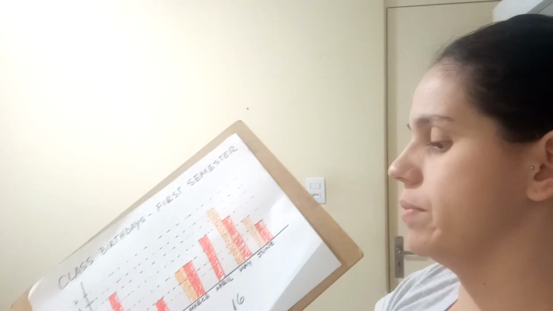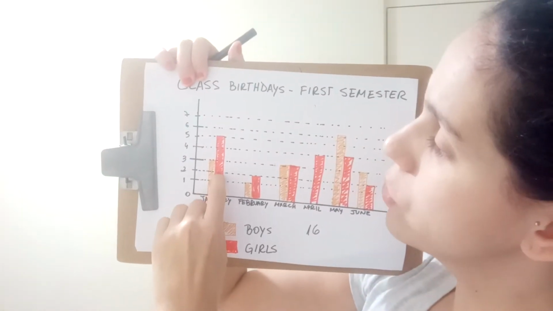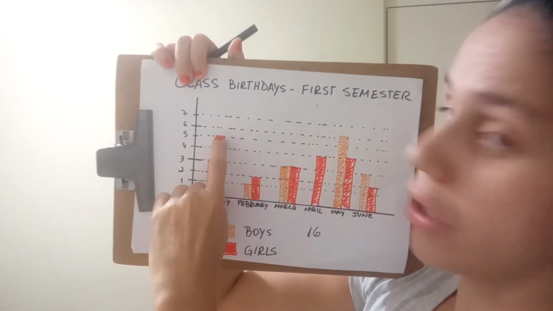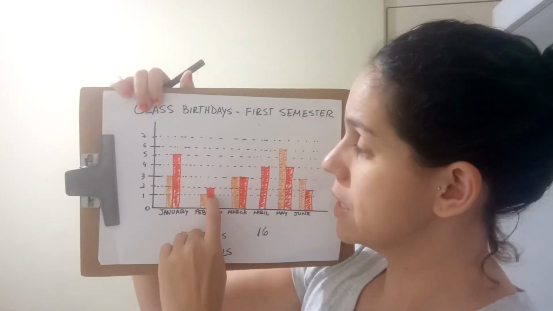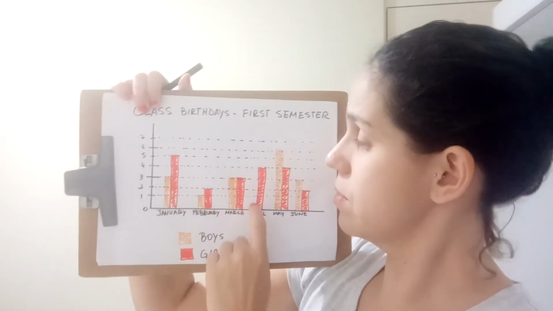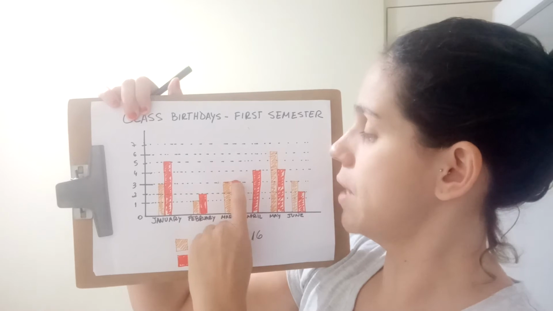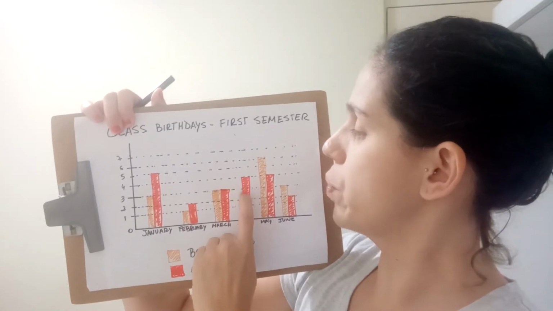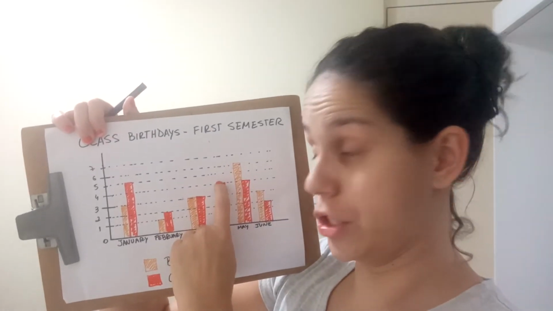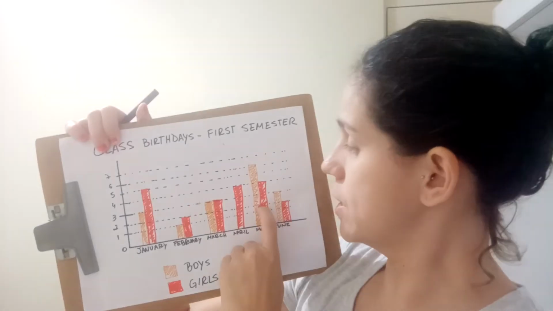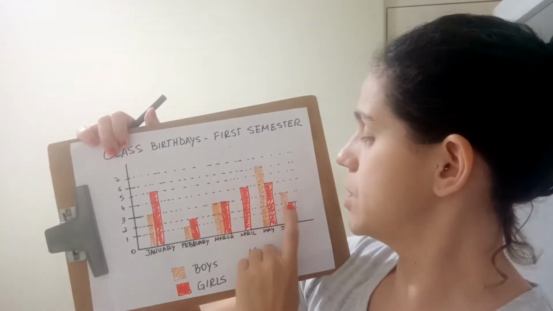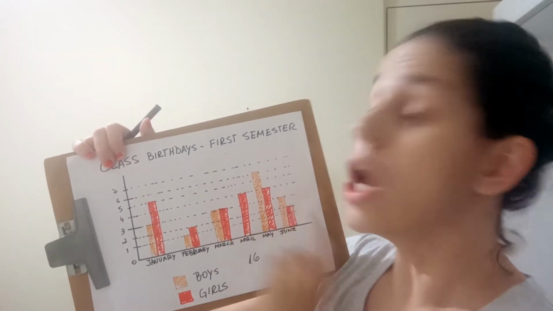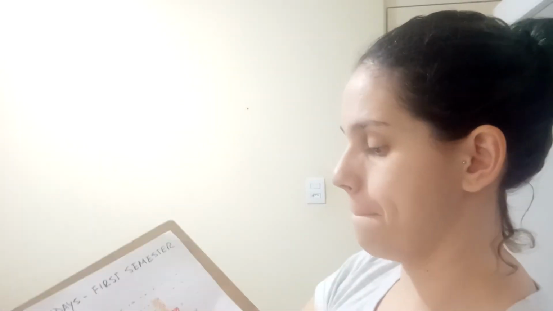16 boys. And girls. 1, 2, 3, 4, 5, 6, 7, 8, 9, 10, 11, 12, 13, 14, 15, 16, 17, 18, 19, 20. 20 girls.